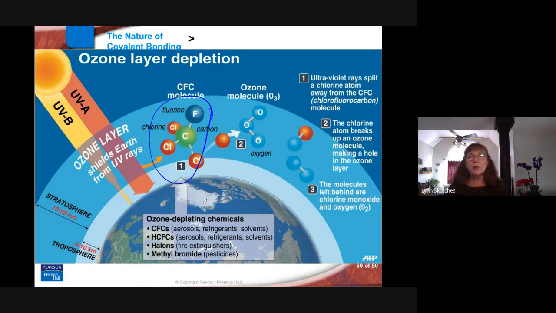They were a miracle chemical. They were used in everything from refrigerators and freezers to car air conditioners to home air conditioners, to spray cans of all kinds, fire extinguishers even. It is a propellant primarily. It was used to expand foam, whether it's styrofoam or foam cushions.